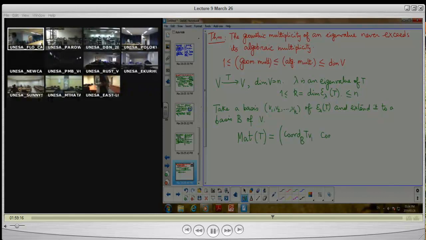Okay? So, what is T v1? Remember, up to k, v1 is an eigenvector of lambda. So this is lambda times v1, and so on up to T vk. Okay? So what does it look like? So this looks like lambda times v1, lambda times v2, and then something else.